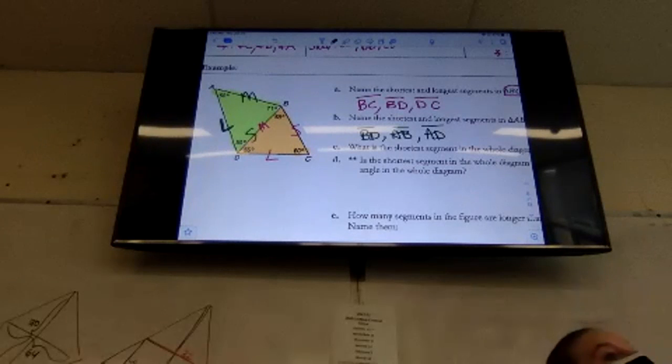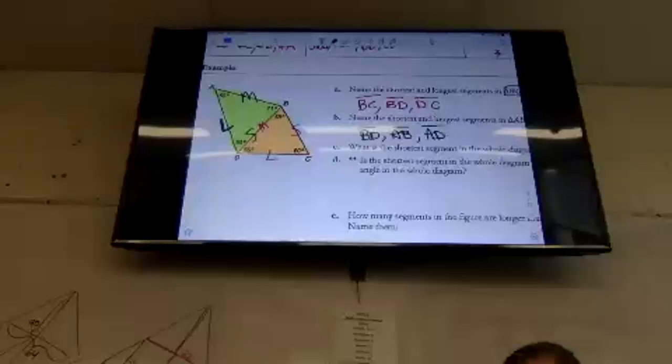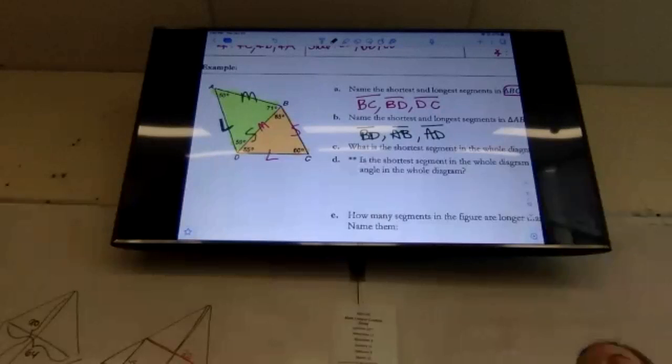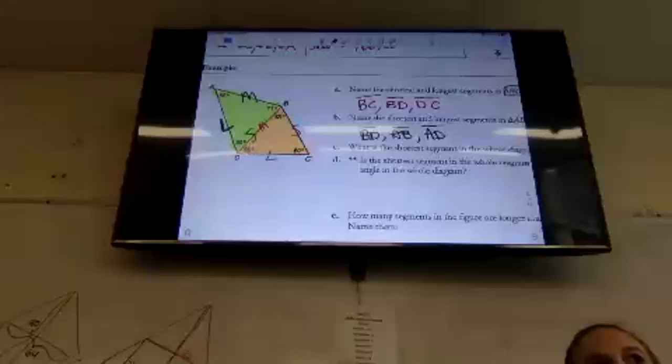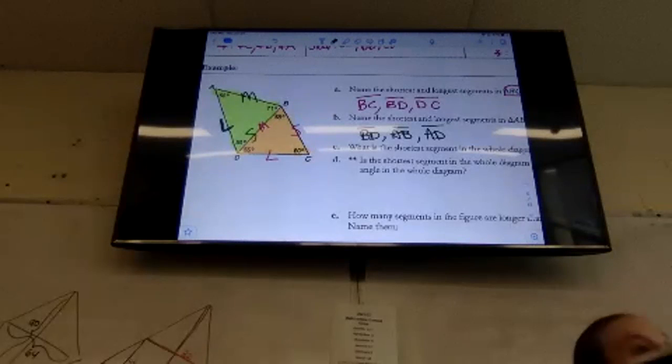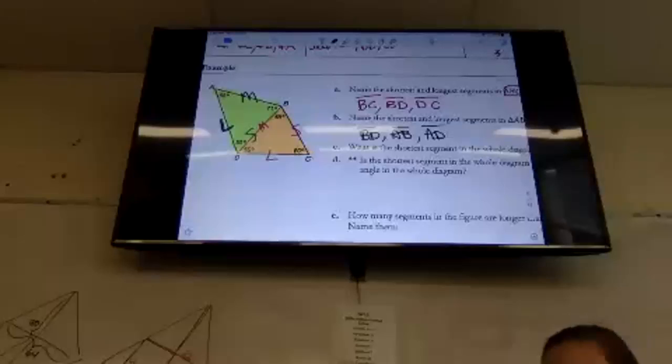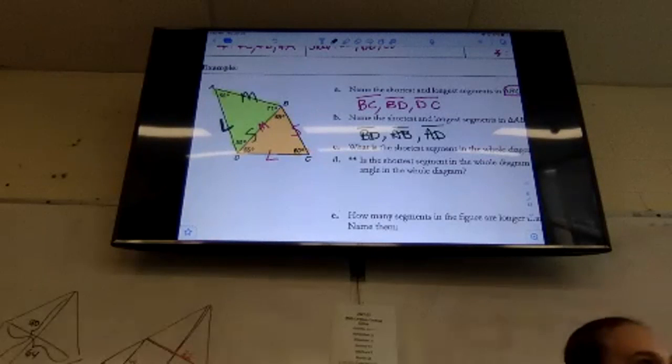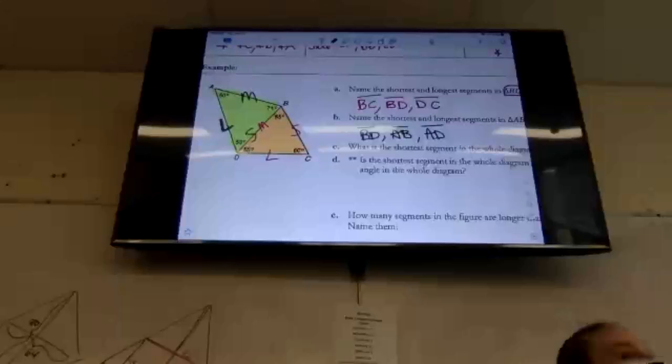Okay, let's rewind. I want a team timeout though, because BD is an awesome guess. Why did you all guess that? Because it's the smallest angle across it. So you were like, all right, let me find the smallest angle and it must be the side across from that. That's not flawed logic. It's not what I want us to use, but it's not a wrong thought process.